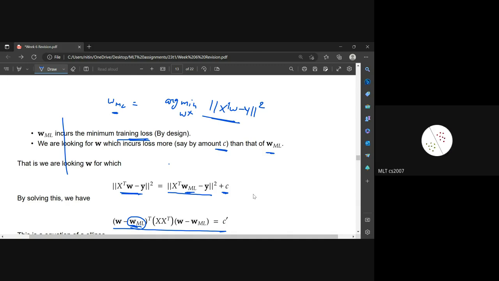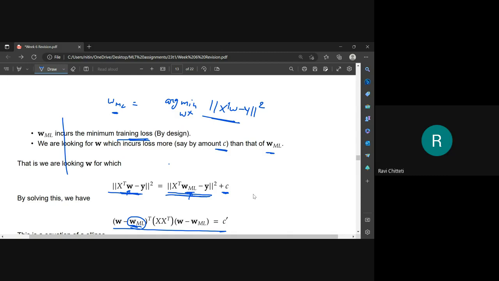So this particular loss is going to be more than this loss, right? This is the loss incurred by the WML. So let's say this loss is more by some amount. Is it normally itself that this W will incur more loss than WML? Is that point clear or not?